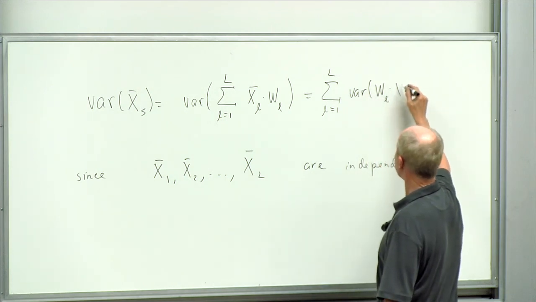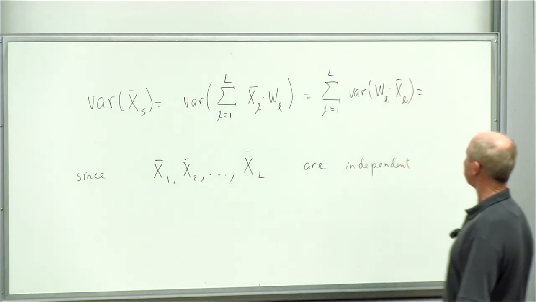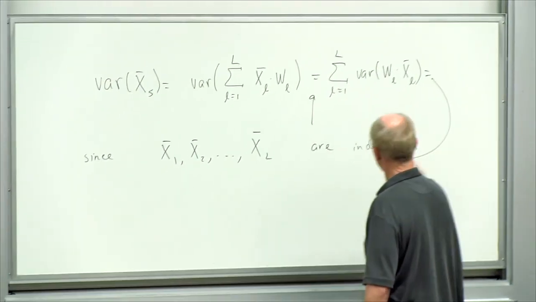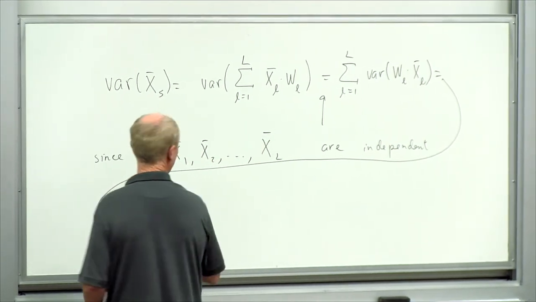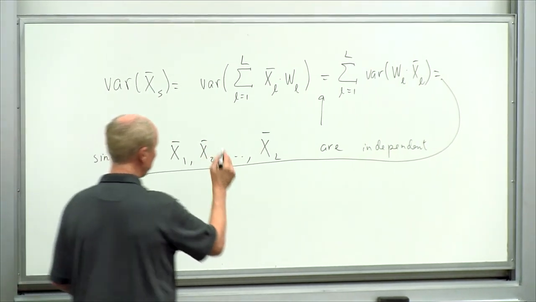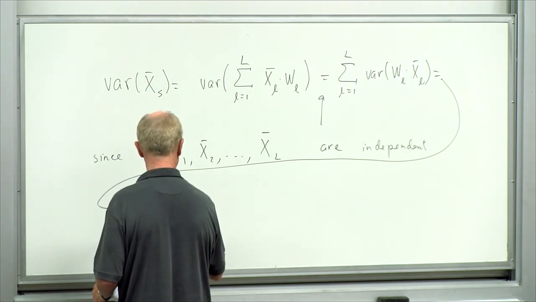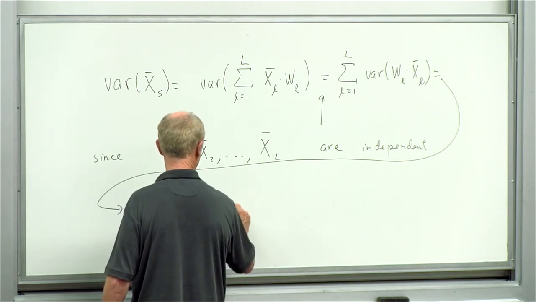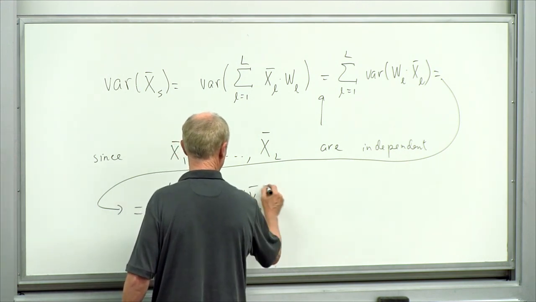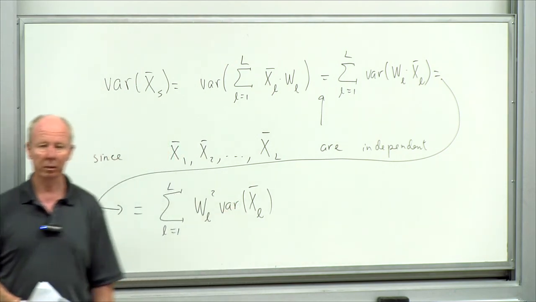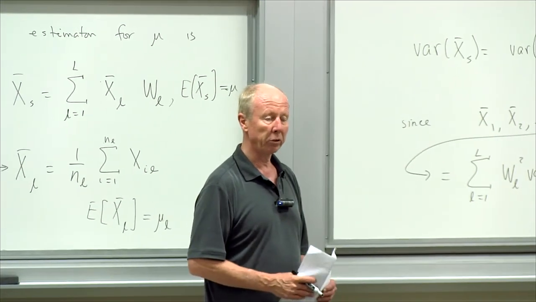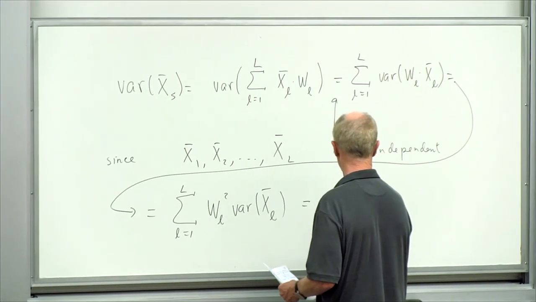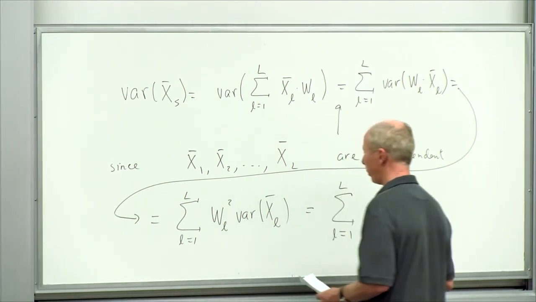Now reverse the order here. We have a multiple of X bar L. So that's here. And I can pull out a W L squared. And here we have the variance of a sample mean. And using simple random sampling, we know what that is from earlier in this chapter.